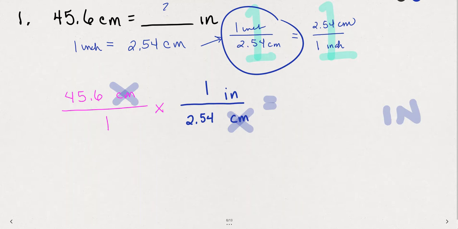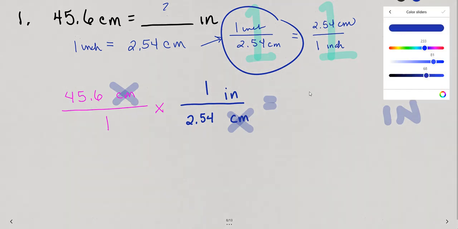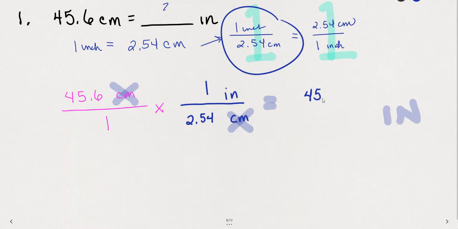So now all I need to do is pull out a calculator to do that division. Let me show it to you too, just to be sure everyone's good with this. We'd have 45.6 times 1. 45.6 times 1 equals 45.6.